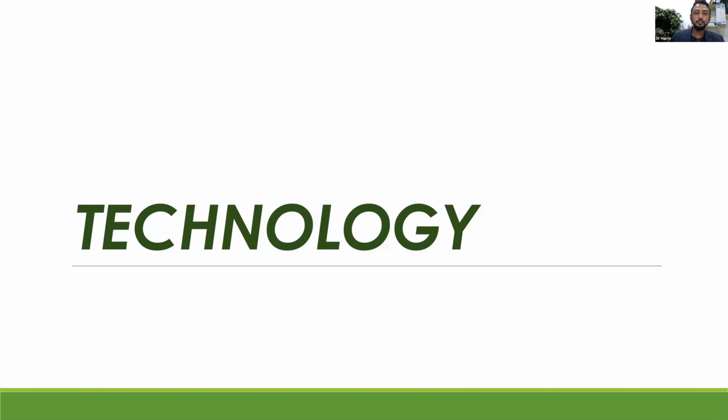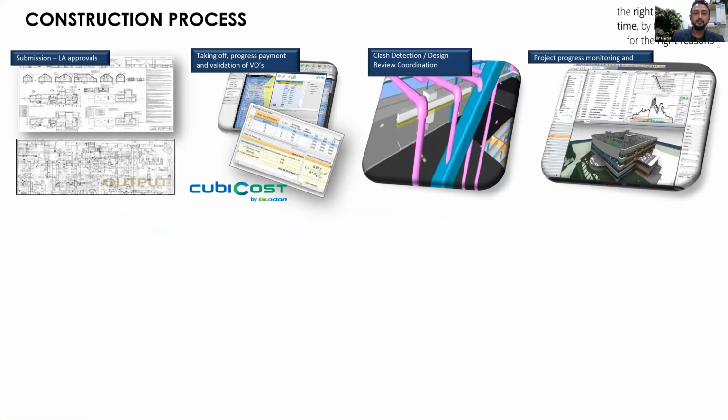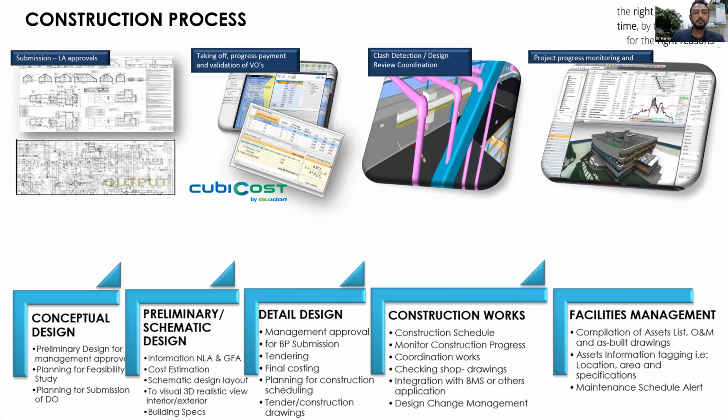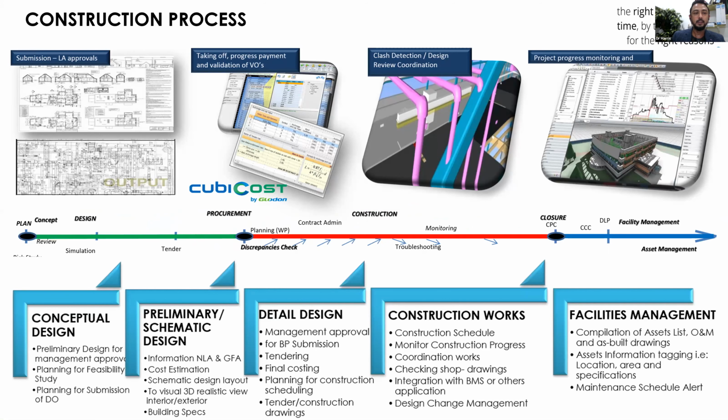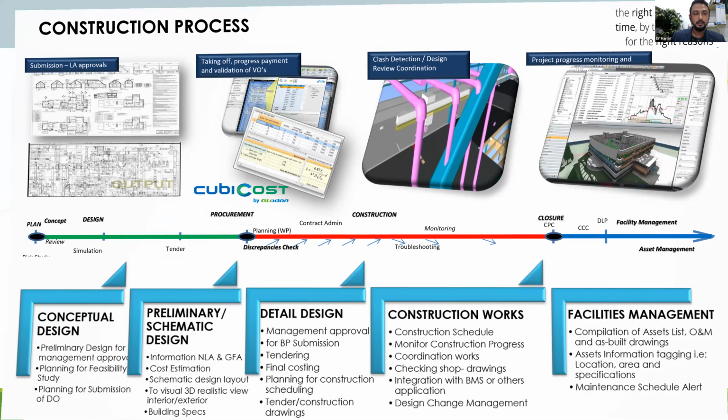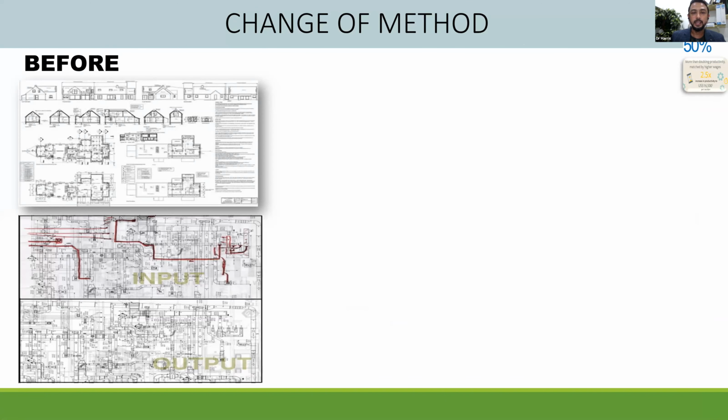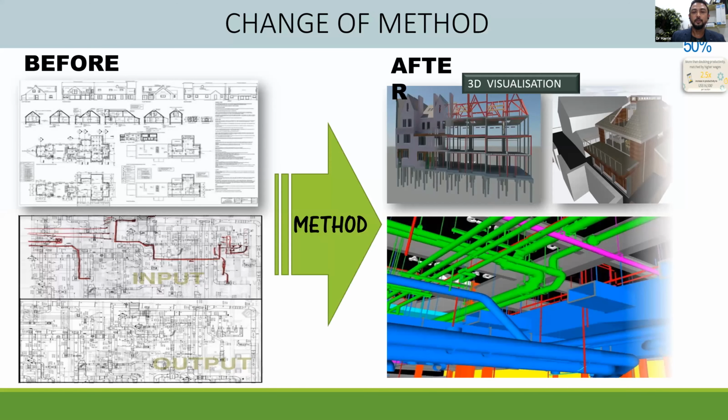So on the technology part, everyone knows that throughout the construction process, we can have so many types of software, so many software and so many vendors that produce software for your use.